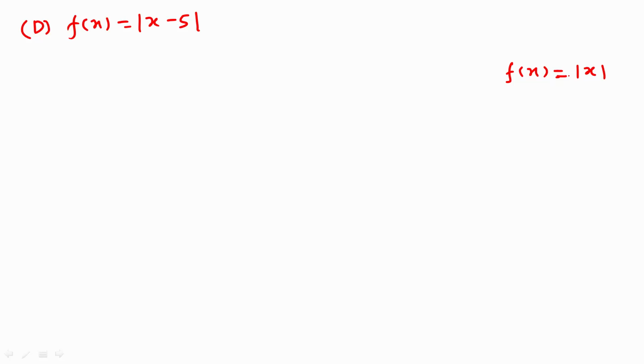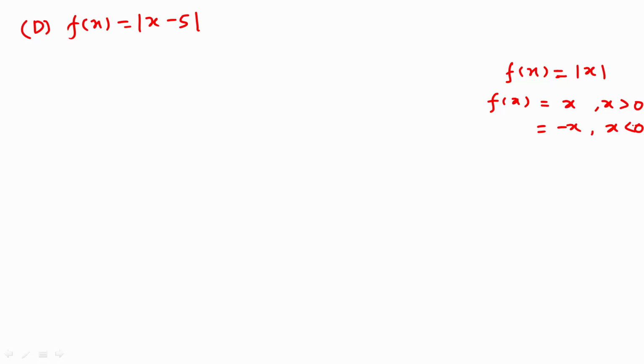If f(x) is equal to mod x, then you can write it like this: f(x) is equal to x when x is greater than 0, or minus x when x is less than 0.